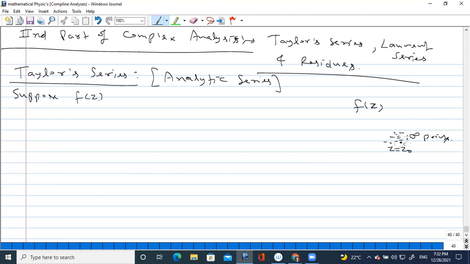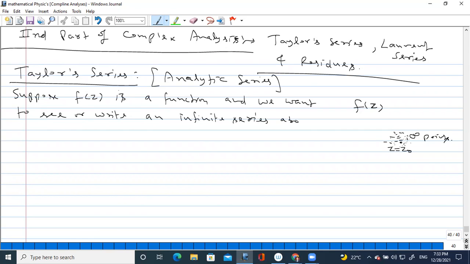Okay, so we can write it. Suppose f(z) is a function and we want to write an infinite series about a point z0.